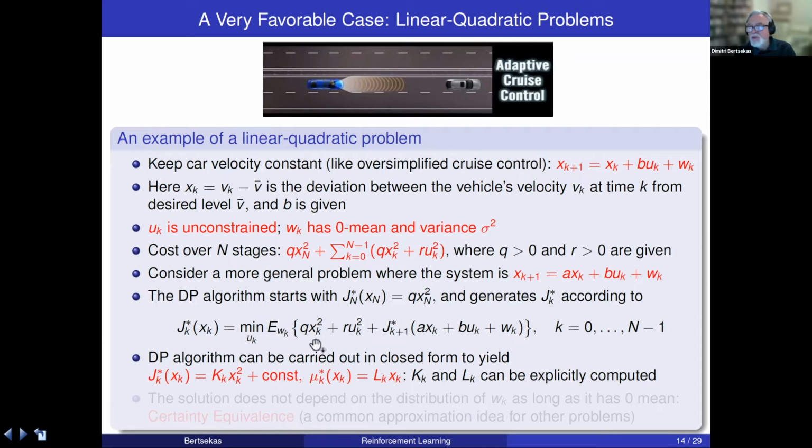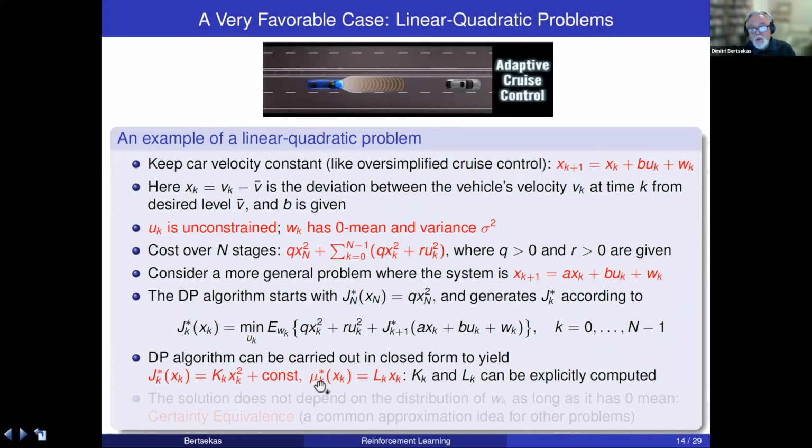These calculations turn out to be easy, can be done analytically because they involve quadratic minimizations, as we will see. And this is the form of the final result. The dynamic programming algorithm gives you cost functions that are quadratic in the current state plus a constant. And this K_k is a number, a positive number, that can be computed analytically. And we will show how this is done.